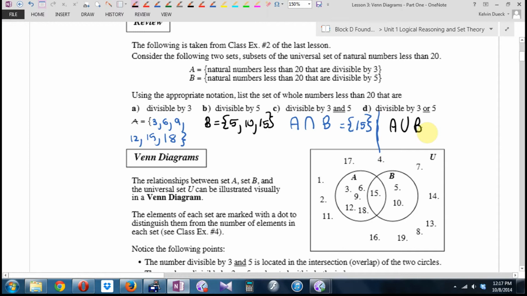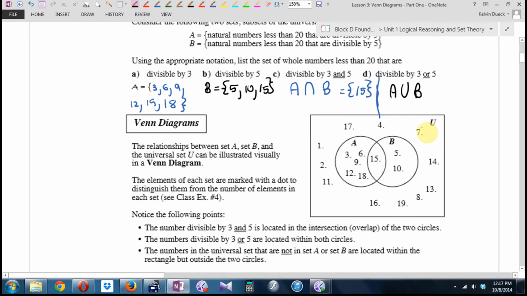You can also get that visually from a Venn diagram. So here's a Venn diagram. It's a rectangle. U, the universal set, is on the outside here, and in this Venn diagram we have two smaller subsets, A and B, and you'll notice they overlap a little bit.